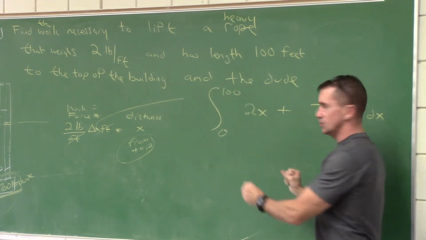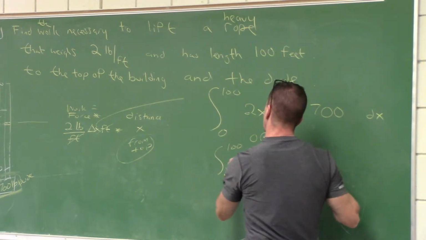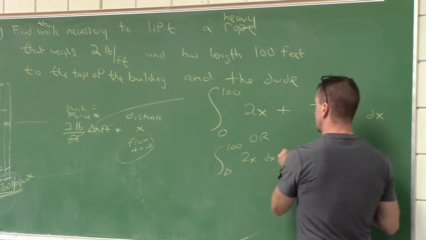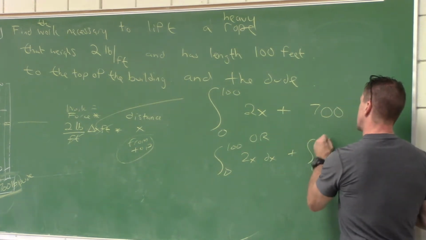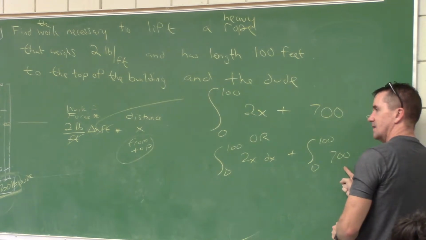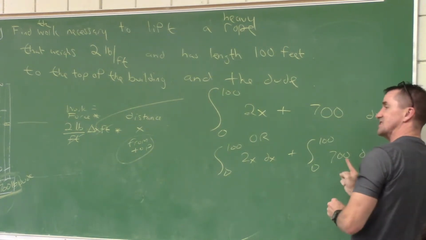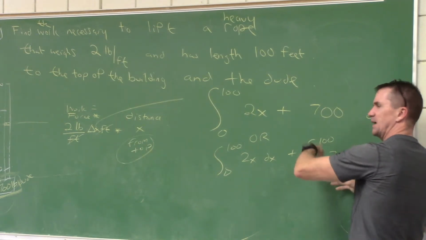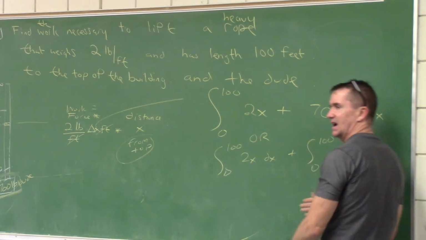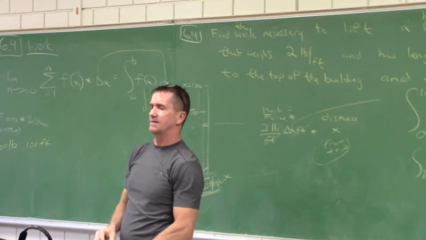So either do this or do this, dx plus. Just watch this carefully. 700, any x there? For the dude or the coal? No, just 700. And this just becomes what? That's that constant force times distance that you get out of that.